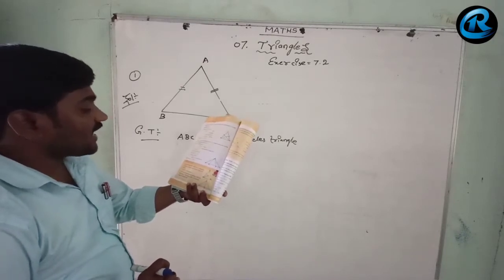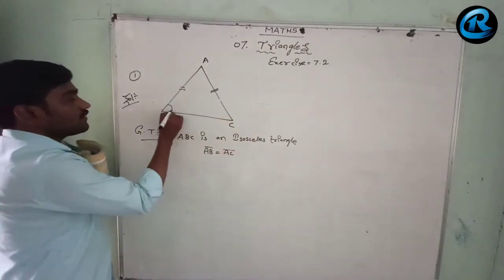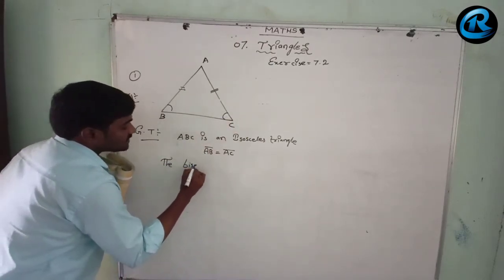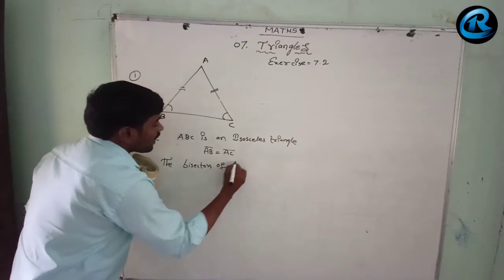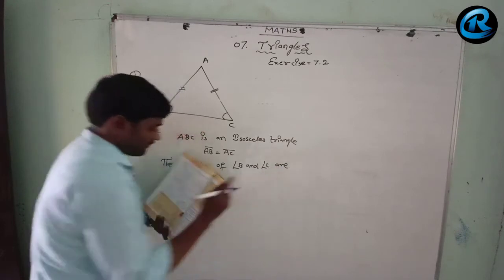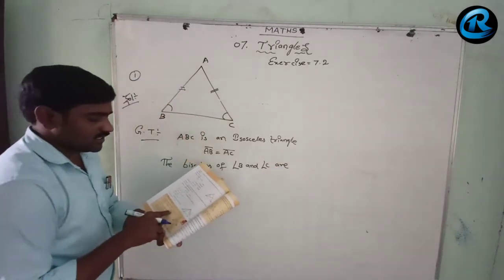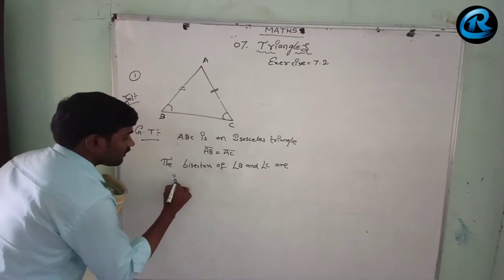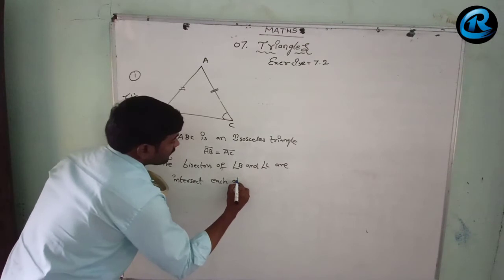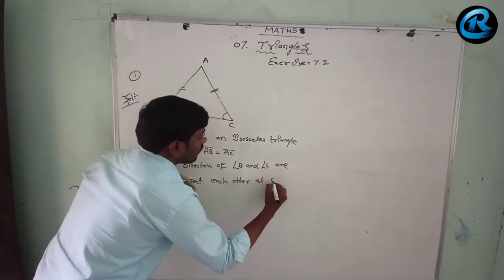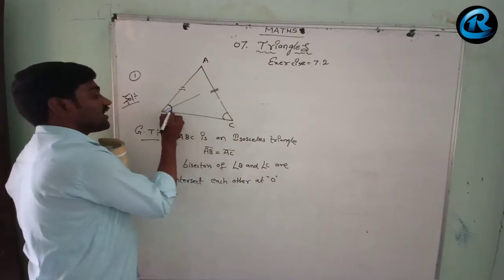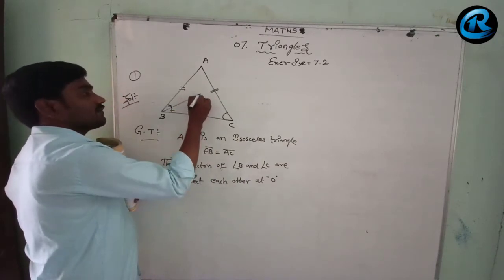And the bisectors of angle B and angle C intersect each other at O. If it is a bisector of an angle, then these two angles will be equal.